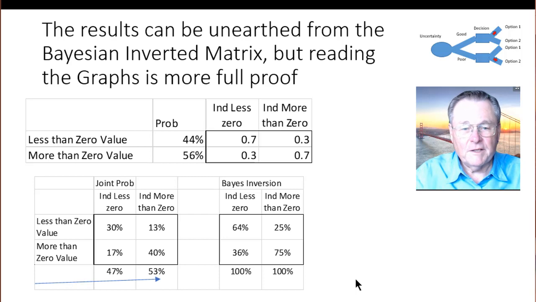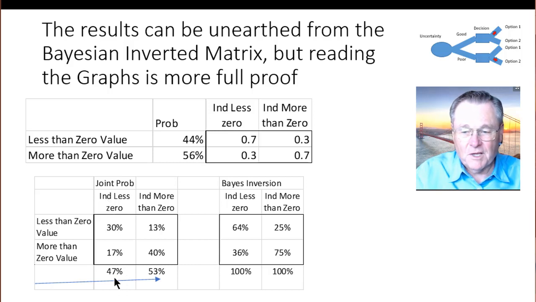So how do we look at this in the classical Bayesian matrix? Here is this matrix again with the 70% confidence, reliability. And then what I'm going to do is calculate the joint probability. So I'm going to take this probability times the 0.7 and get 30%. 44 times 0.3, 13, and the same on the bottom. I can then add up this joint probability for when it indicates less than 0.